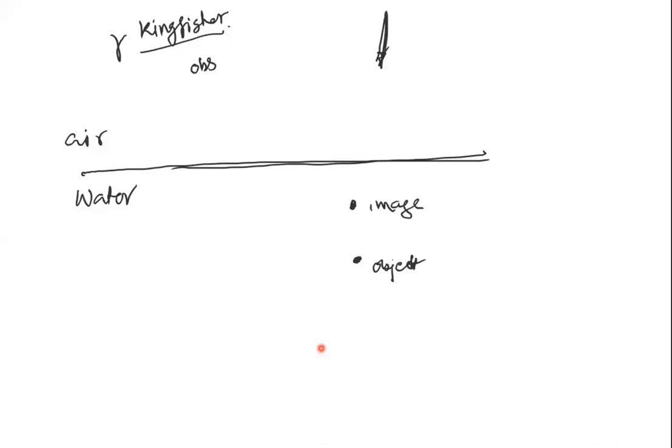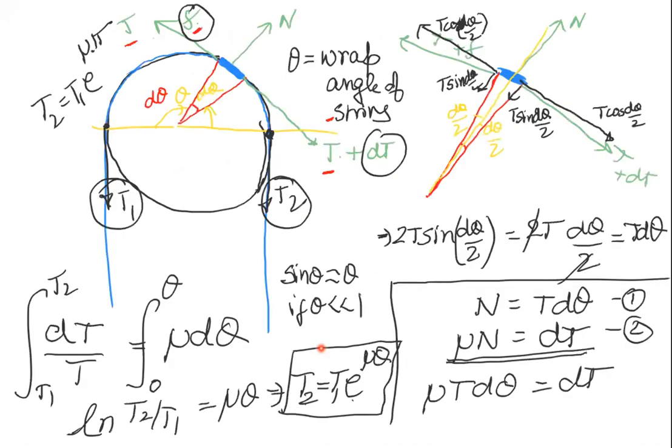Instinctively we know that tension is an exponential function of theta. This does not mean that tomorrow you go to a layman who is pulling some rope and has tied it around, and you ask him by what power the tension has increased.